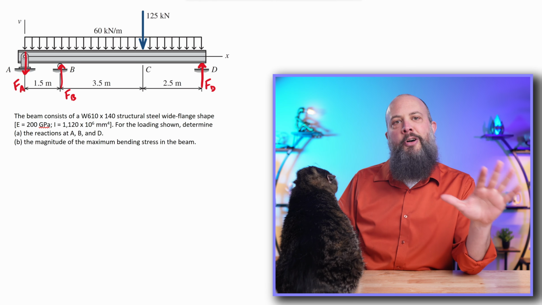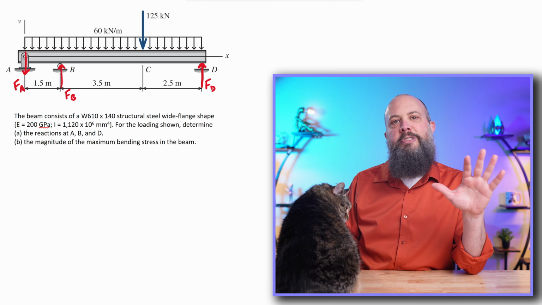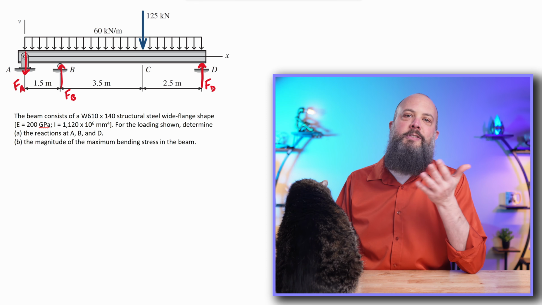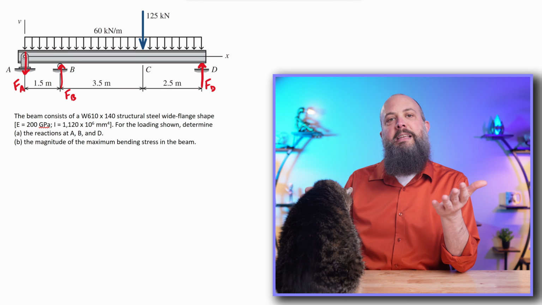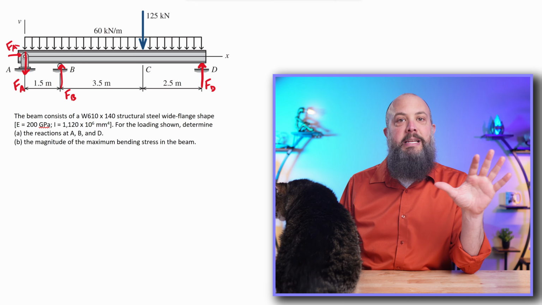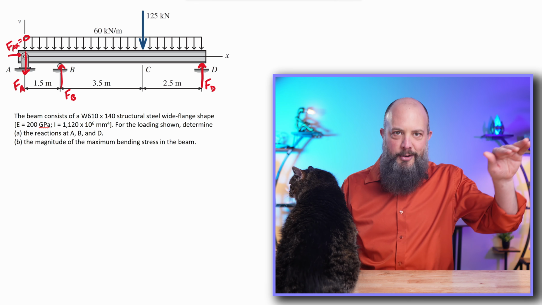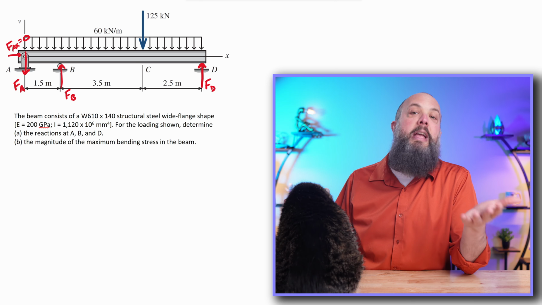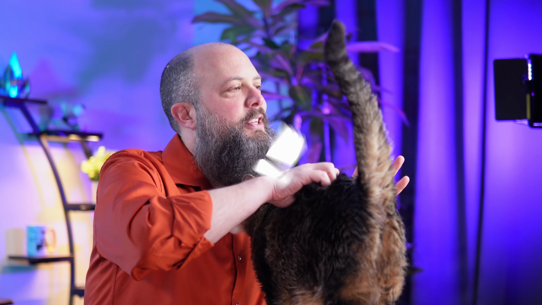You cannot solve for all the reaction forces only using statics. We're also going to have to use the beam properties and find a compatibility equation based on the curvature of the beam to help us get another equation.